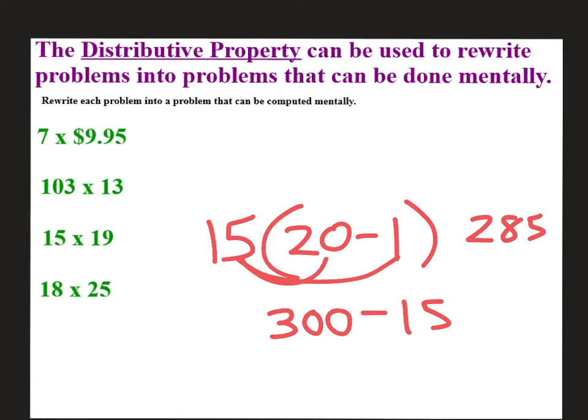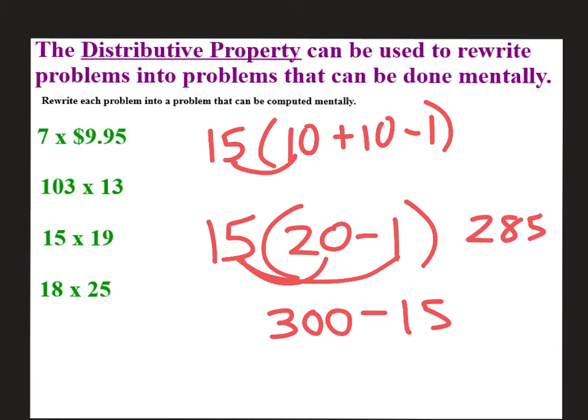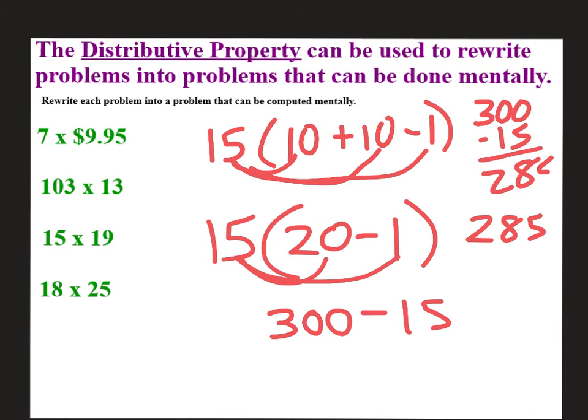Now, if that doesn't work for you, maybe you had a hard time with 15 times 20, so could you write it as 15 times a 10 plus a 10, then minus a 1? Because 15 times 10 is 150, times another 10 is another 150, minus 15. So I'd have 150 and 150. You can probably add those in your head and get 300 minus 15, and you're still at 285.